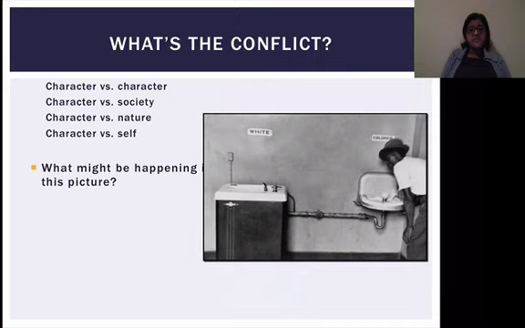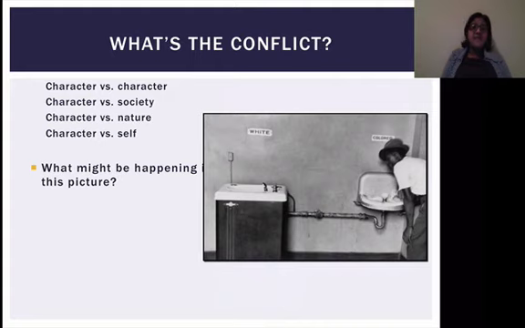How about this one? Take a look at the picture and this character looking over at the white water fountain, and he's being forced to drink at the colored water fountain. What type of conflict do you think this is? Did you guess character versus society? Because you would be right.